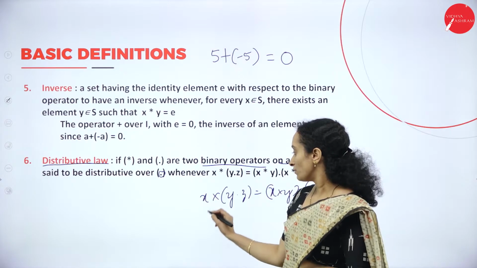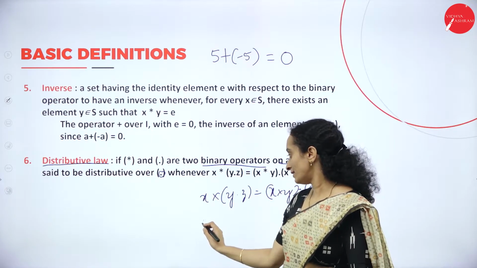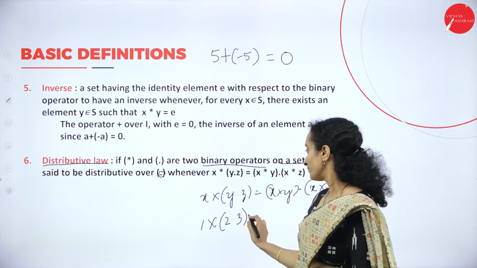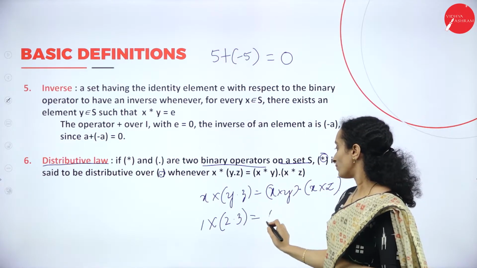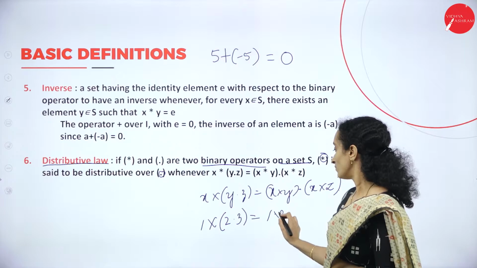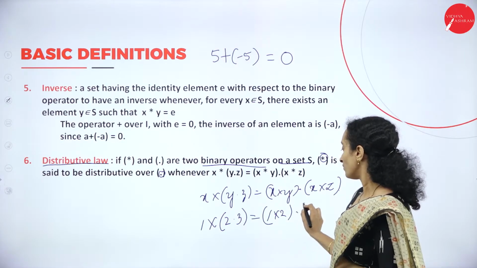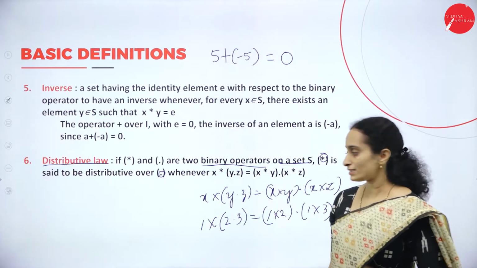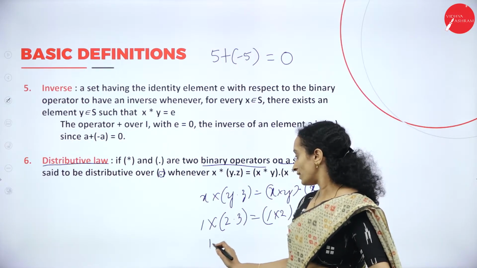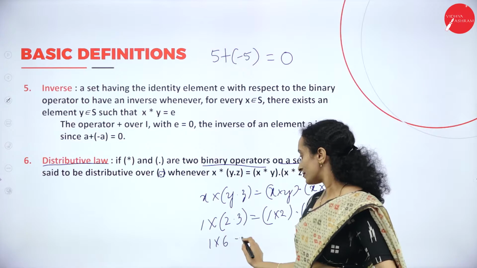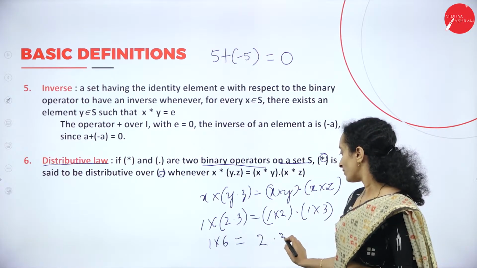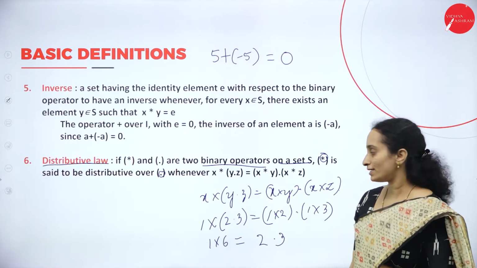If you check 1, 2, 3 for x, y, z: 1 into 2 dot 3 is equal to 1 into 2 dot 1 into 3. Does it hold good? 2 dot 3 is 6, and 1 into 2 is 2 dot 1 into 3 is 3.